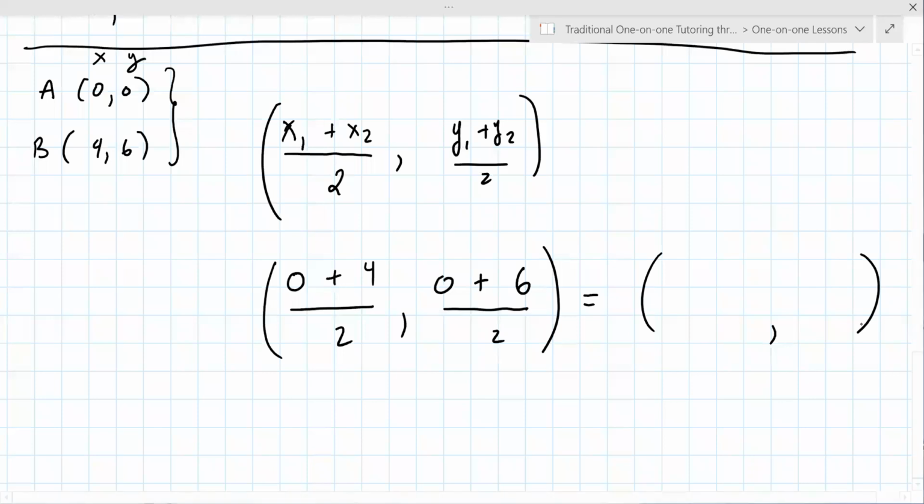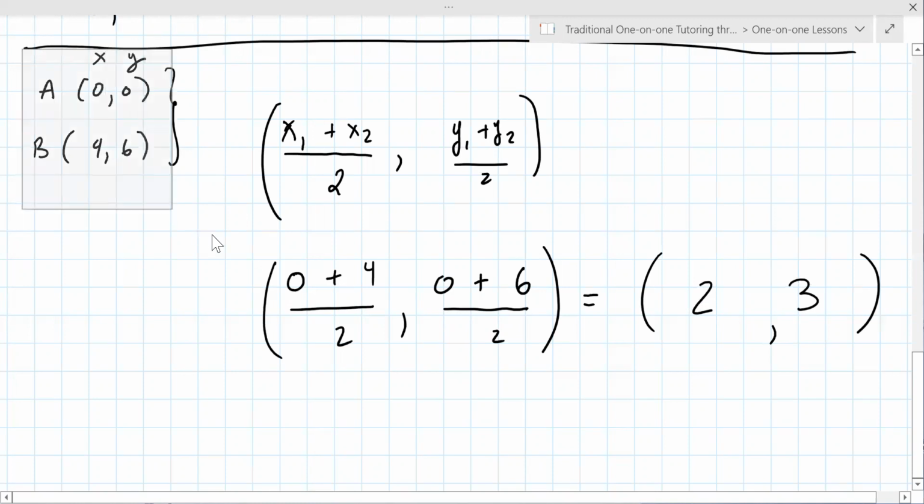Okay, we're writing those down. Zero plus 4 is 4. 4 divided by 2 is 2. 0 plus 6 is 6. 6 divided by 2 is 3. Good. Now we're going to do the slope.